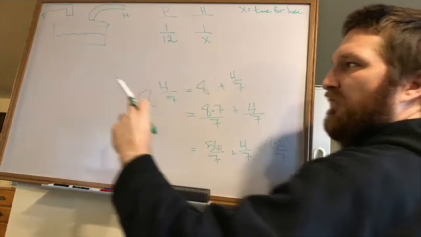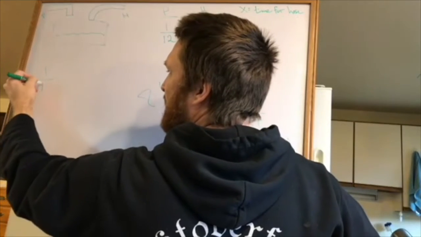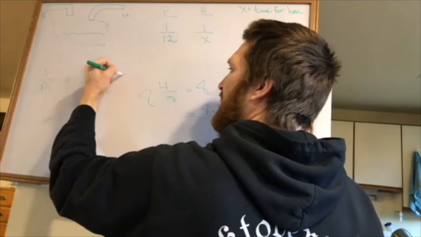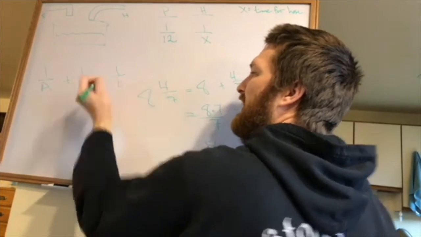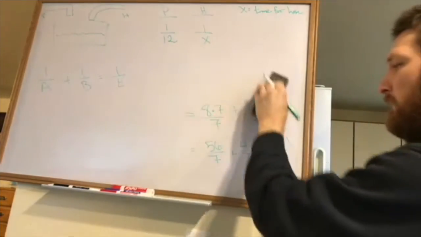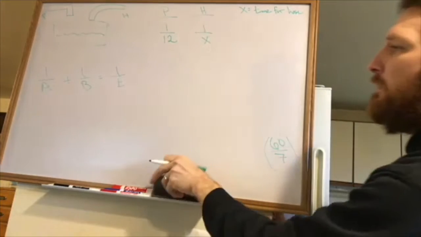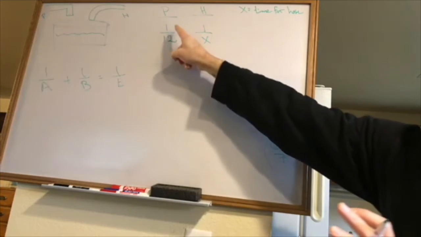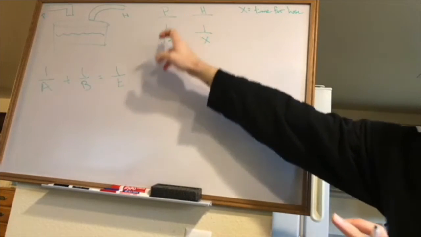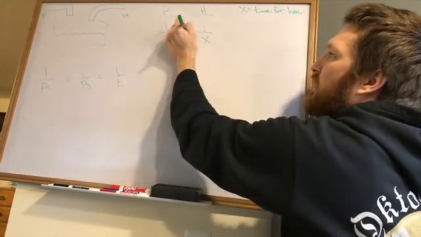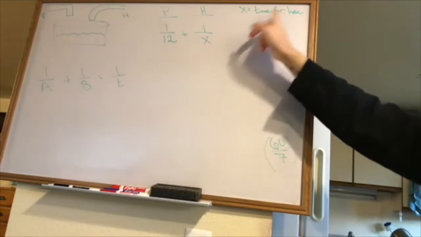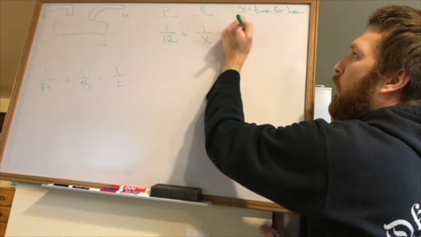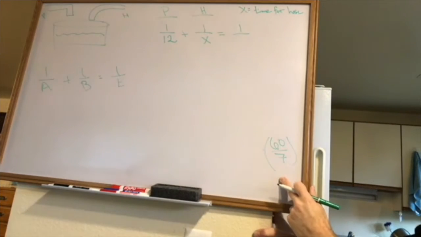So remember what we did before? We said the time it takes Alice plus the time it takes Bob is equal to the time it takes both of them to do that. Well, I'm going to use that same info right here. The rate for one thing plus the rate, which is 1 over the time for the other thing, is equal to 1 over the time it takes both things.